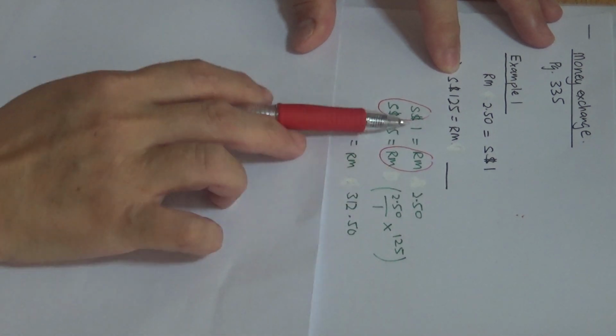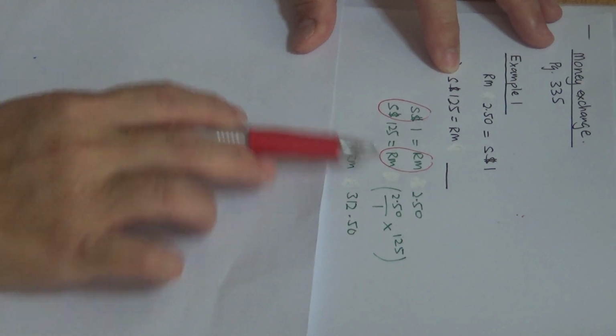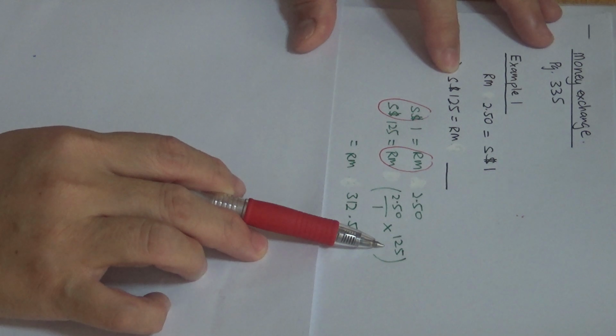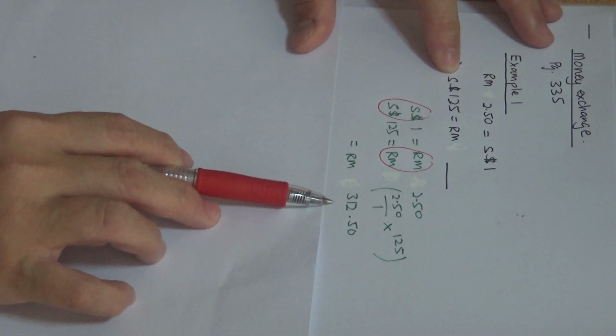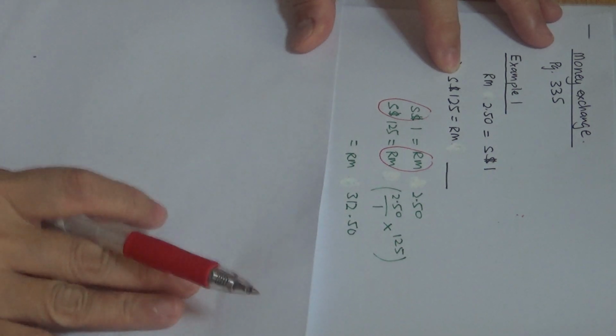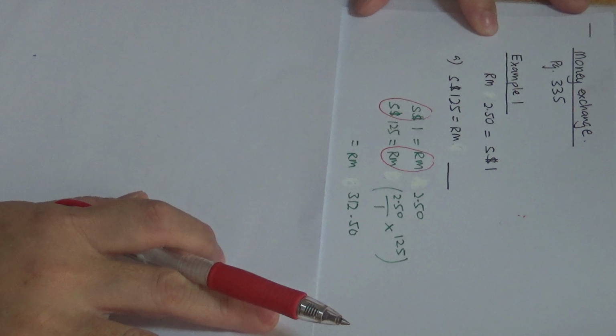So you take this over this times this. It's always this over this times this. So 2.50 over 1 times 250. You press the calculator, you'll get 312.50. This is how part A is done.